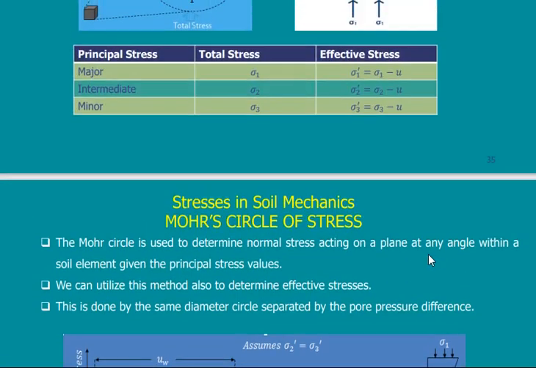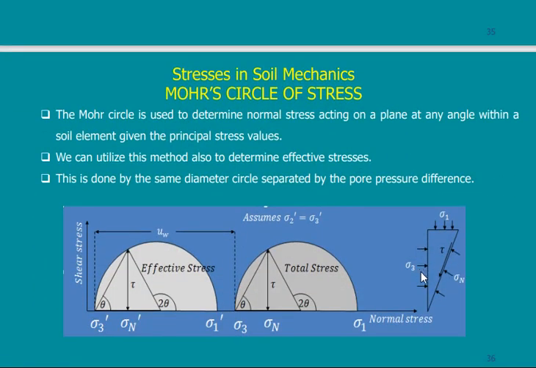So what is the difference between the normal stress and the shear stress? If I have normal load on the soil, then it will induce normal stress. Any load divided by area gives us stress. But shear means something else.